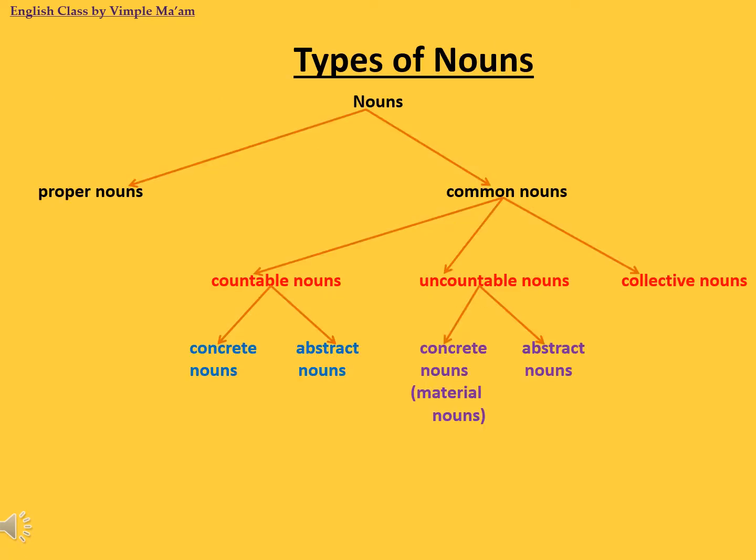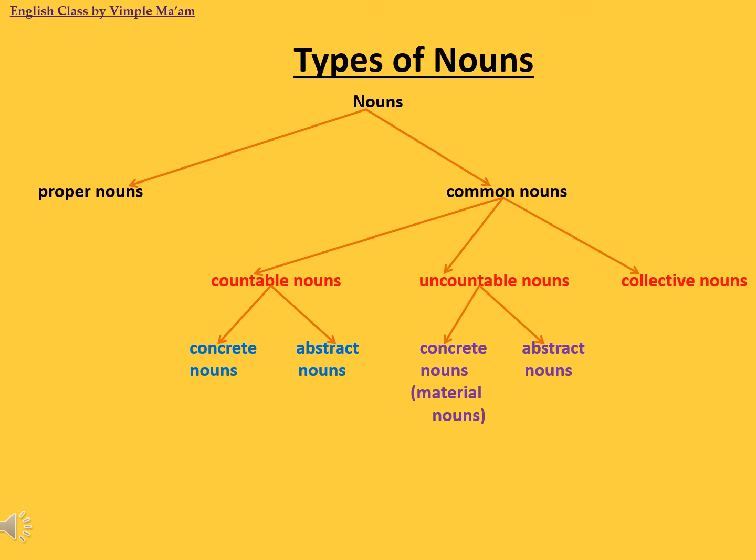Types of nouns. As we have learned in the last session, nouns are basically divided into two main categories, proper nouns and common nouns. Common nouns are further divided into countable nouns, uncountable nouns and collective nouns.